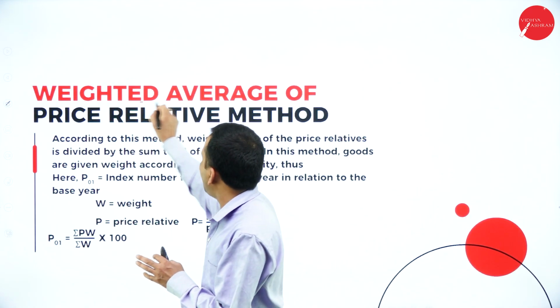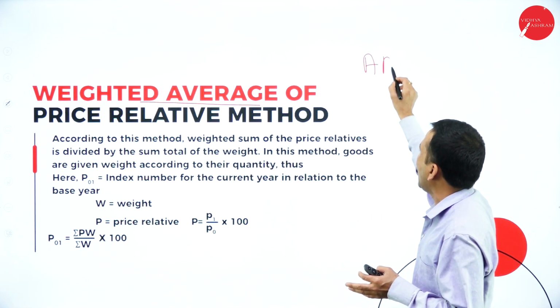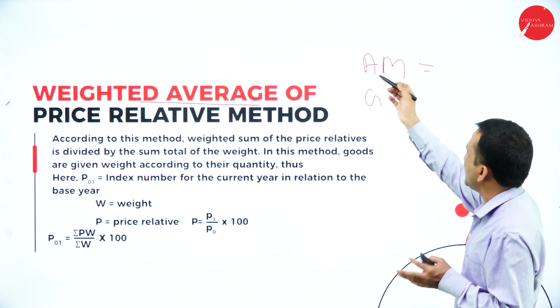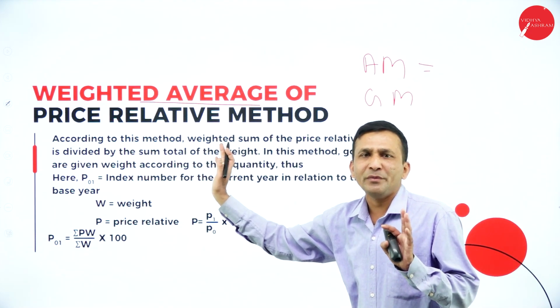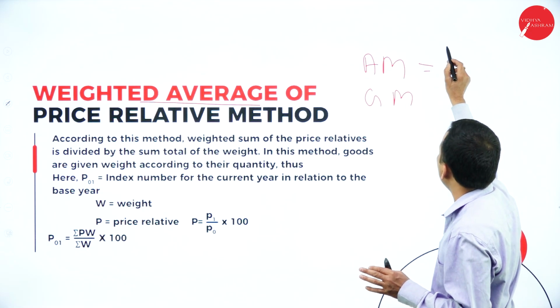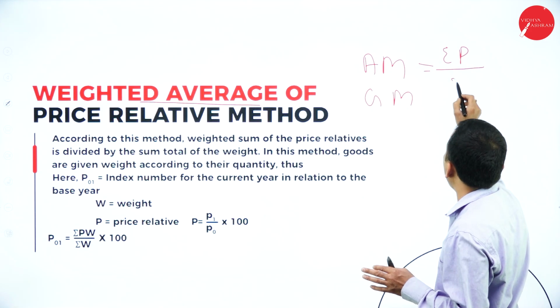Under weighted average, average means what? For example, arithmetic mean is one average, geometric mean is one average. To find the average by the arithmetic mean formula, for the price relative, you need to take the summation of P, sigma P, divided by n.